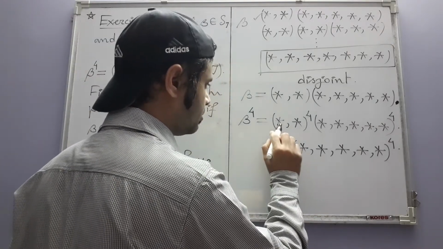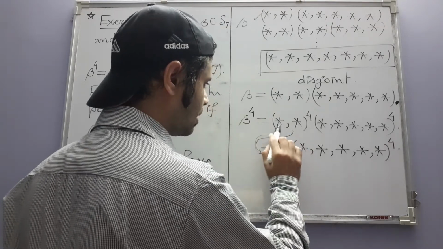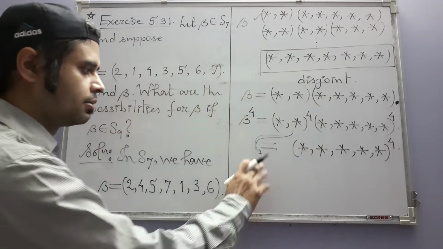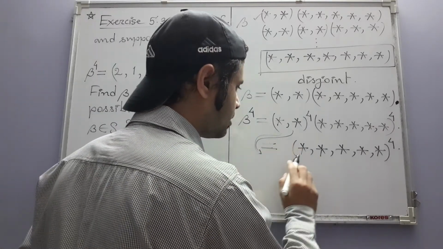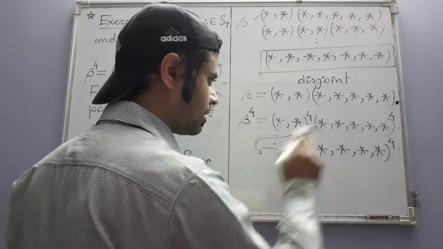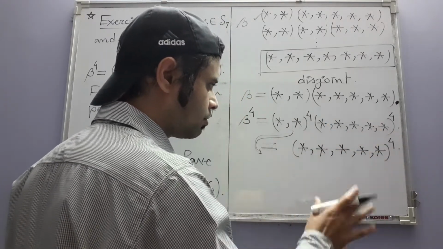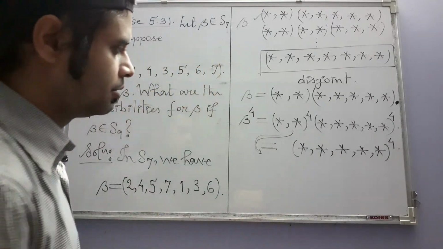Note that we already have lost two symbols. Whatever these two stars are no longer present here. Now, no matter what you do with this 5 cycle, in this case you will find its fourth power, you will take 4 copies of this 5 cycle and then multiply, and then something will happen.